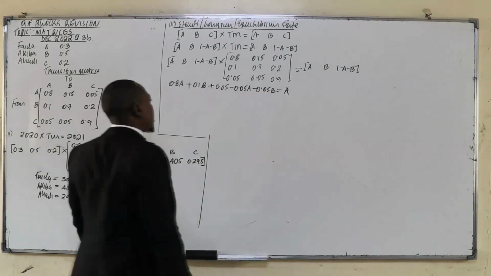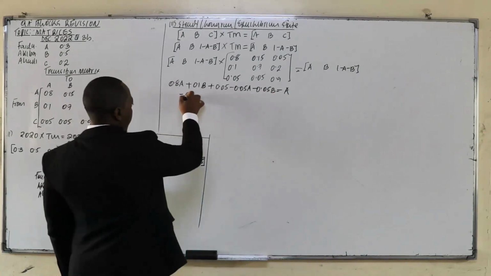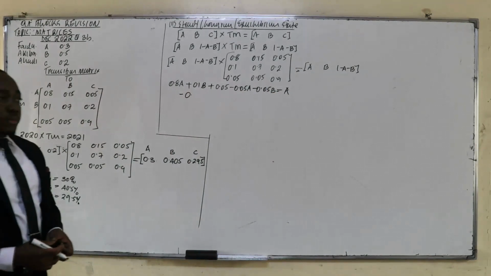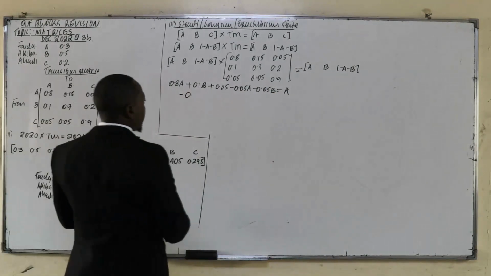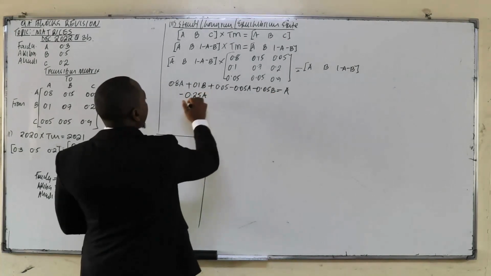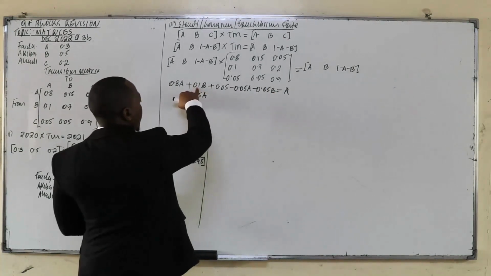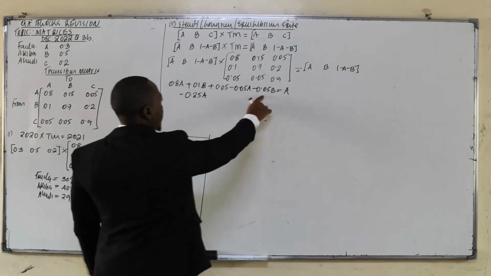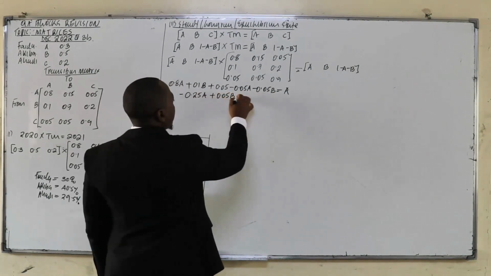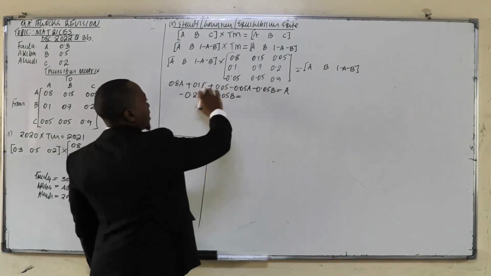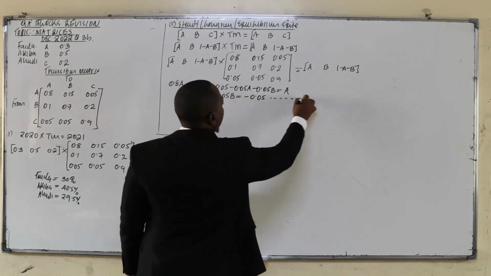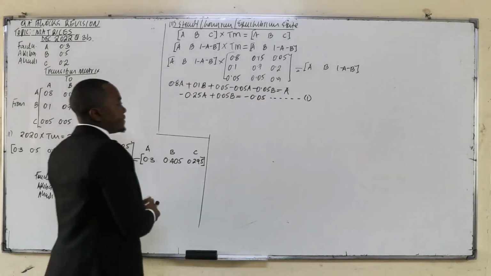What do you get? Negative 0.25A. 0.1B minus 0.05B, you get 0.05B is equal to, this one has no partner, you take it to the other side, it will be negative 0.05, and call it equation number 1.